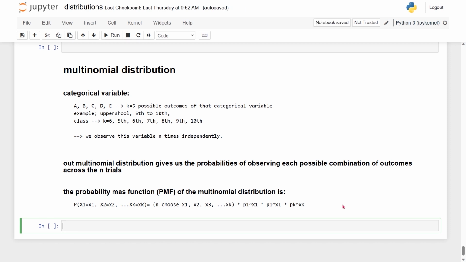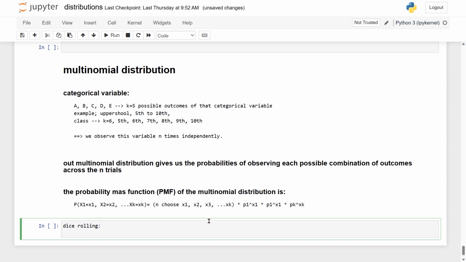So let's take one example so that it would be much clearer for us. Let's take a dice roll. So let's take the example of rolling a fair six-sided die 10 times.